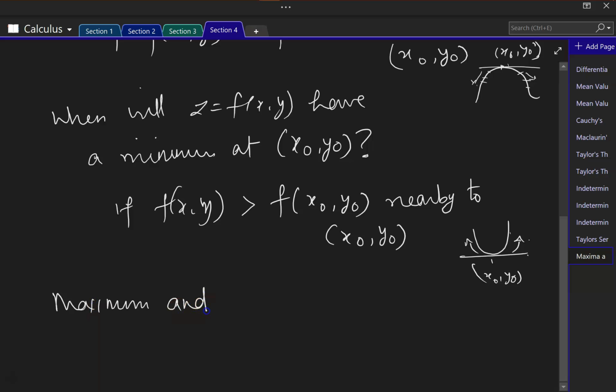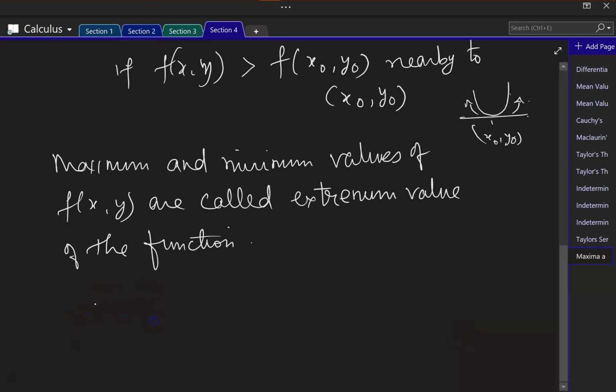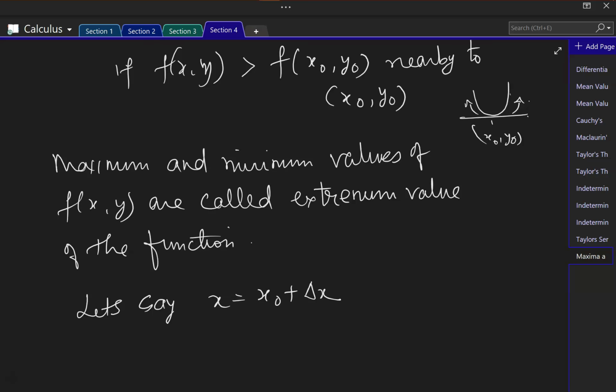Now maximum and minimum values of f of x comma y are called extremum values of the function. So now let's say x is equal to x naught plus delta x, that is a nearby point near to x naught, and y is equal to y naught plus delta y.